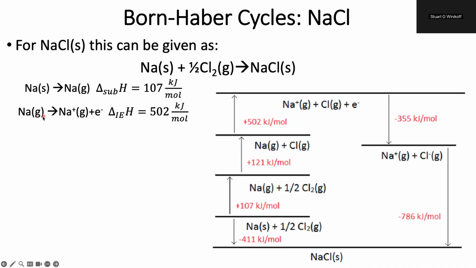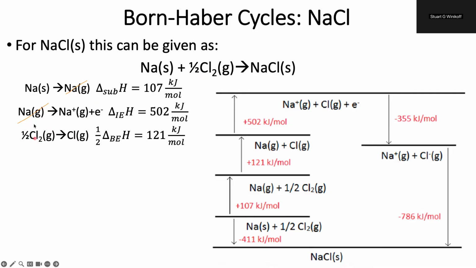Then we have the ionization of sodium, at which point I now eliminate this sodium gas to replace it with the sodium ion gas, generating an electron. Now we can do the same thing with the chlorine. So chlorine starts as diatomic chlorine. Now, if I look at the bond dissociation enthalpy, that will be breaking it apart.